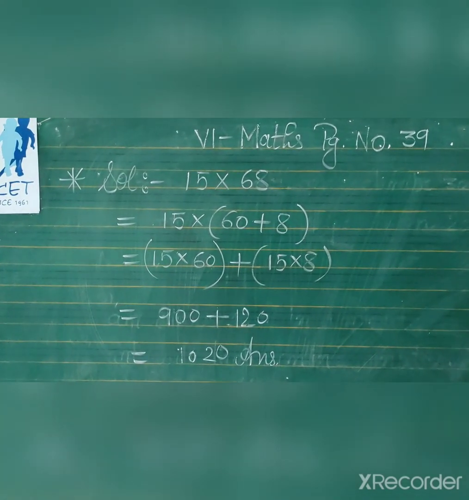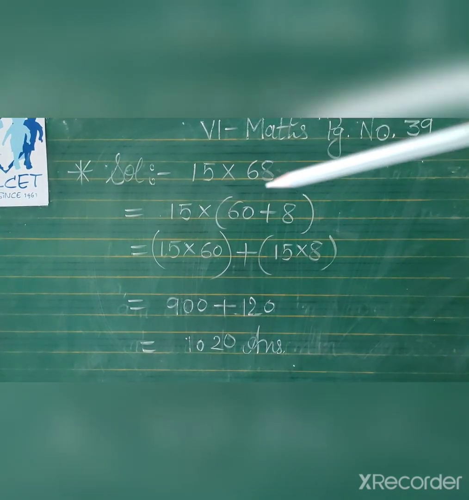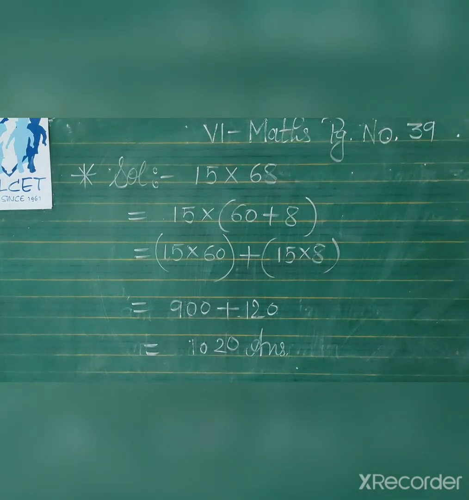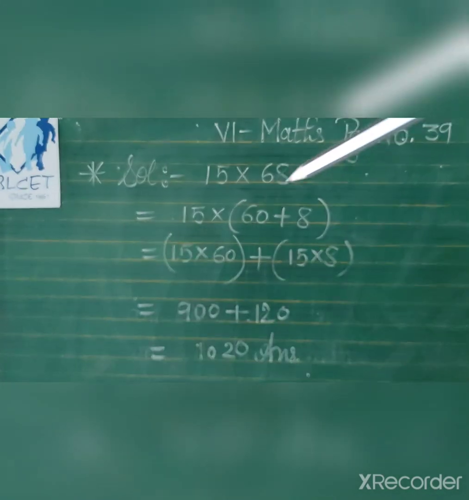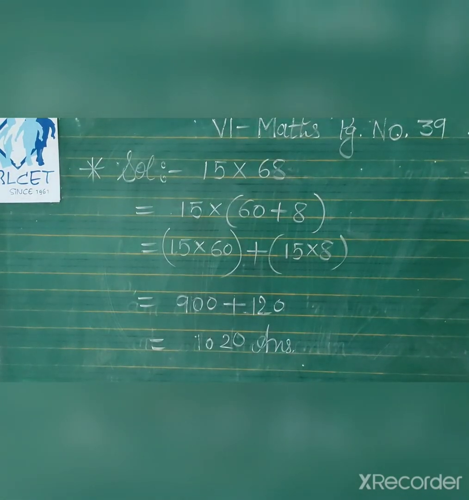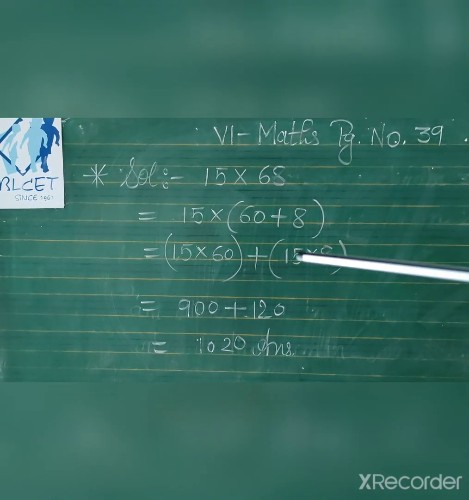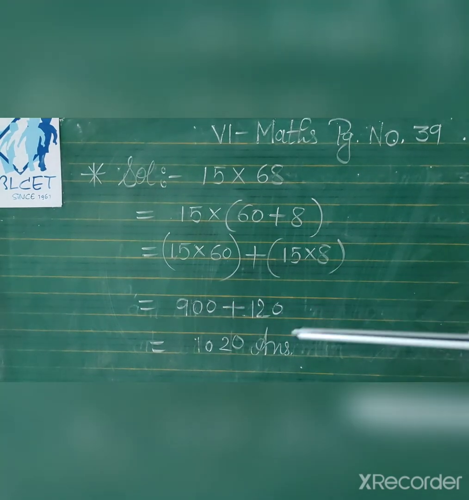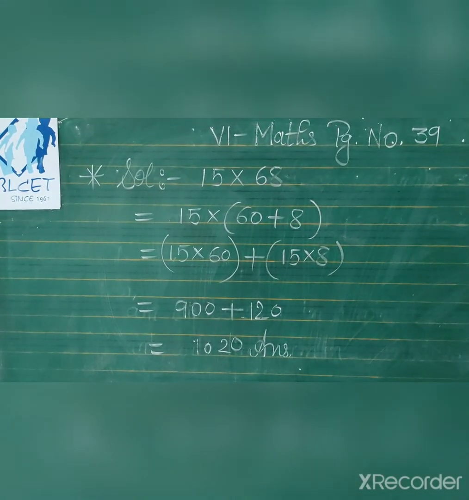We can write it in this form, 60 plus 8. So by distributivity, 15 into 60 plus 15 into 8. 15 into 60 is 900, 15 zeros are 0 and 15 sixes are 90, and plus 15 into 8 is 120. When you add, you will get 1020.